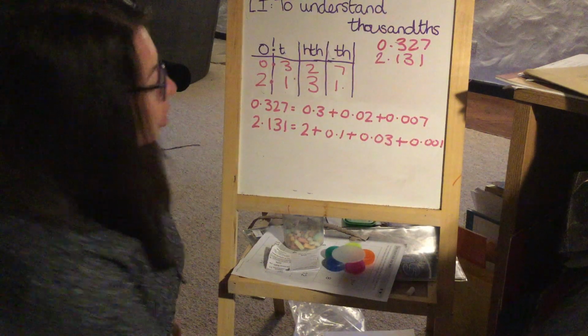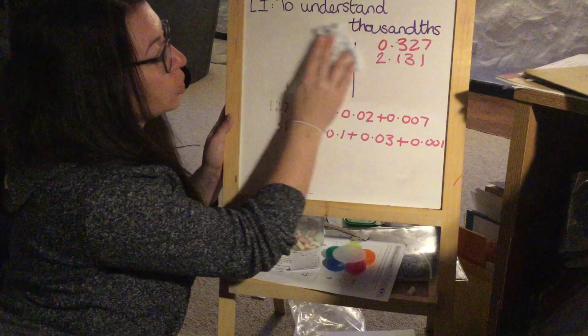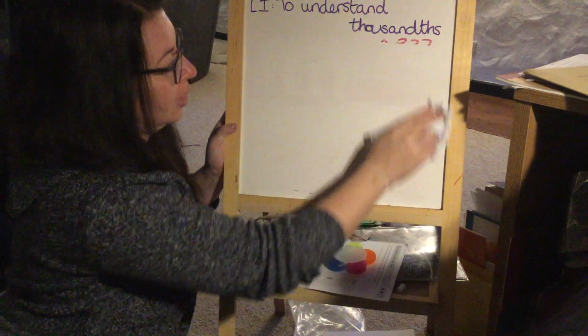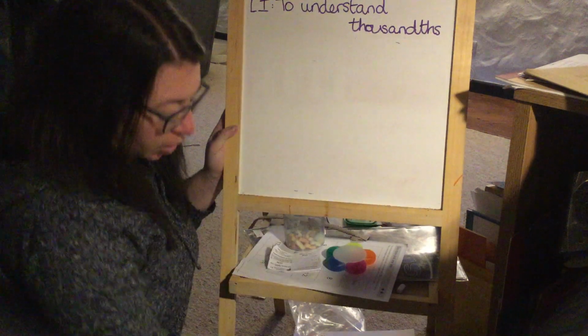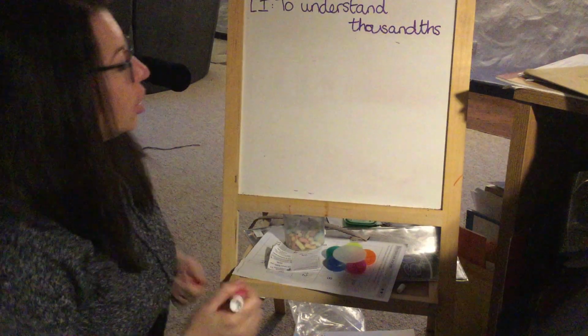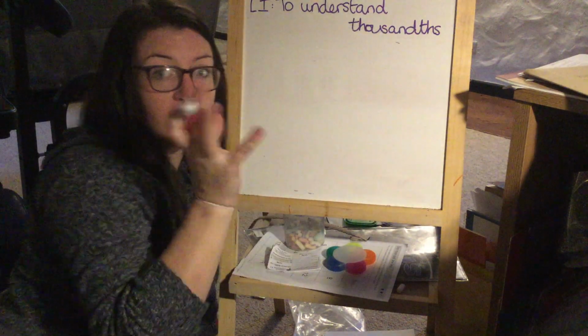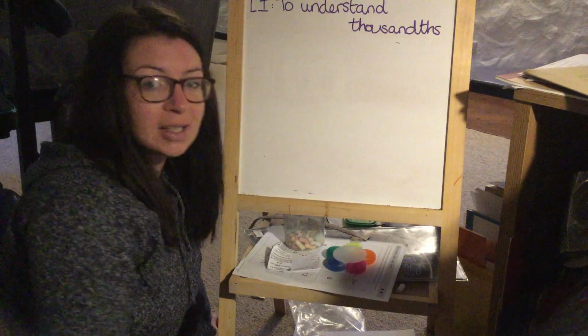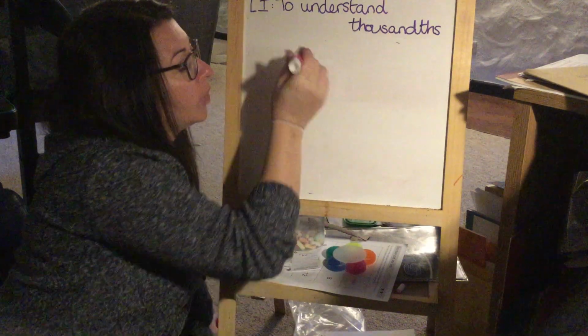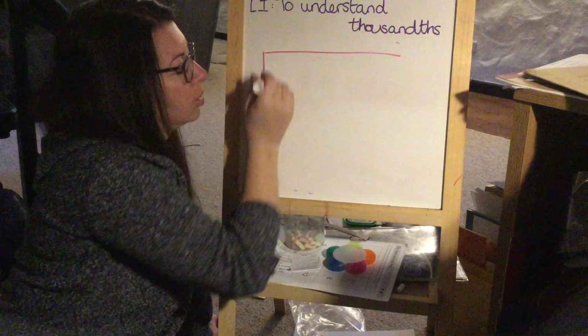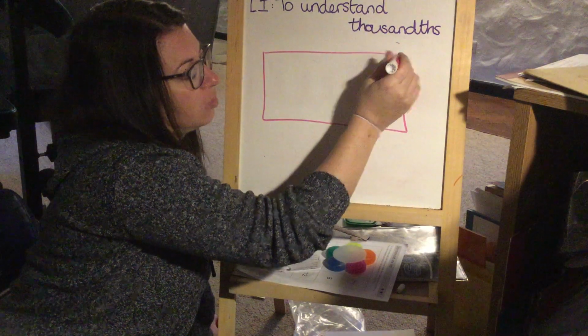The only tricky part, and it's only tricky because you're looking at it on slides and I can't really draw it, but I will give it a go, is just like we had the 100 squares where you had an amount shaded in, this time you have a 1,000 square. Well, it's a 1,000 rectangle really.